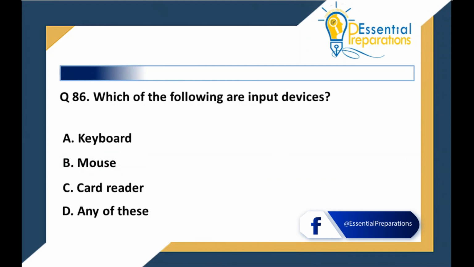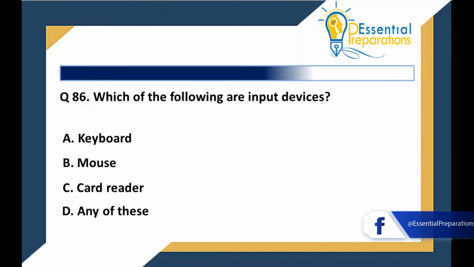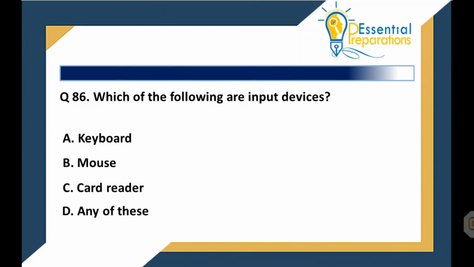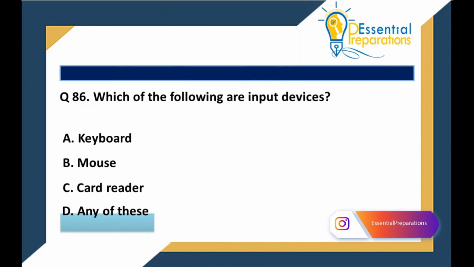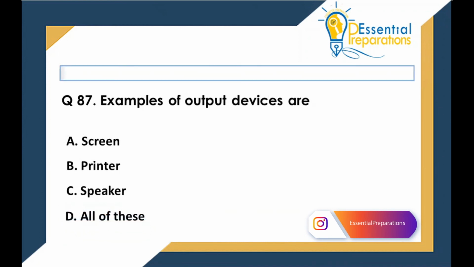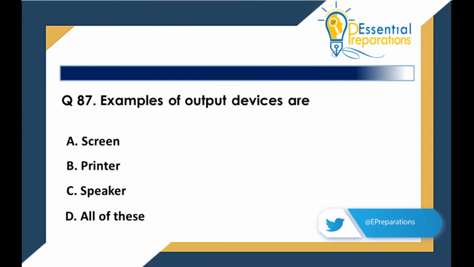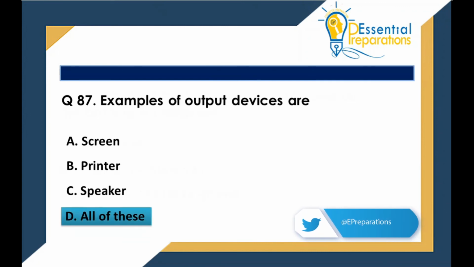Which of the following are input devices? D. Any of these. Examples of output devices are D. All of these.